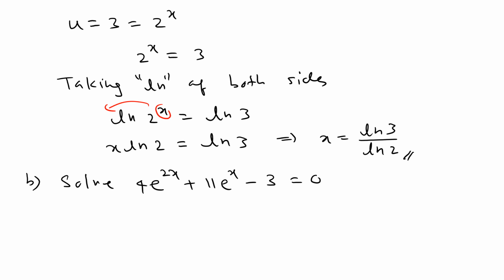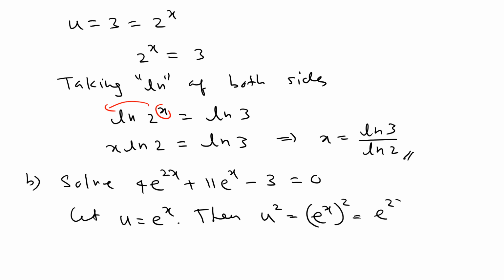As before, we're going to let u equal e to the x. Then u squared becomes e to the x squared, and multiplying the powers gives e to the 2x. So the e to the 2x term is simply u squared. Then we have 4u squared plus 11u, because e to the x is u, minus 3 equals 0.